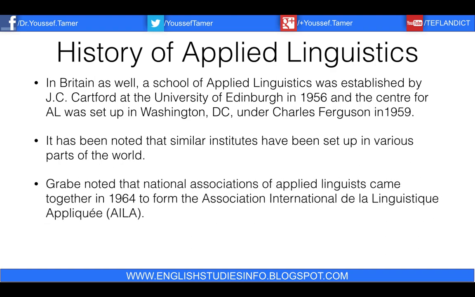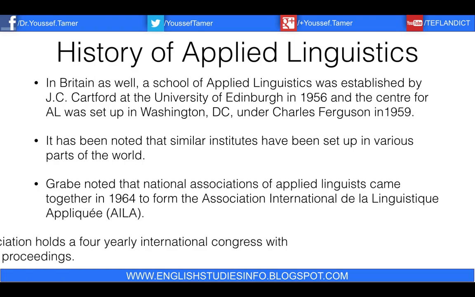Grabe noted that national associations are another way in which things have developed. So you have the first way, conferences, schools, etc., and then you have associations. Grabe noted that national associations of applied linguistics came together in 1964 to form the Association Internationale de Linguistique Appliquée, in Europe.